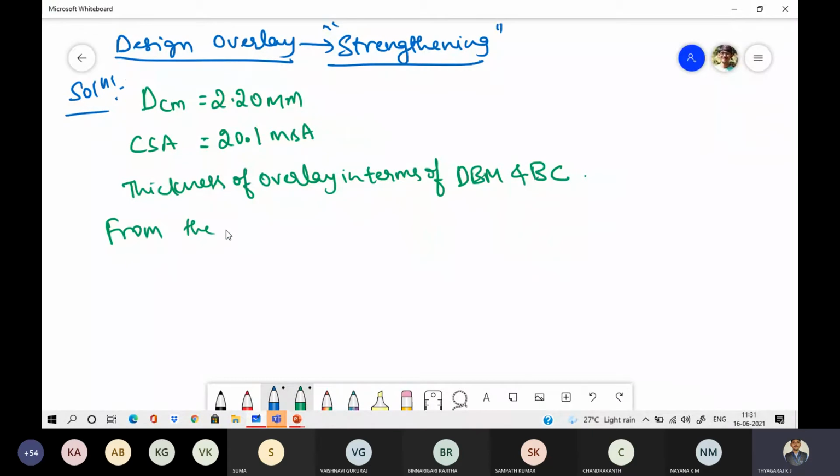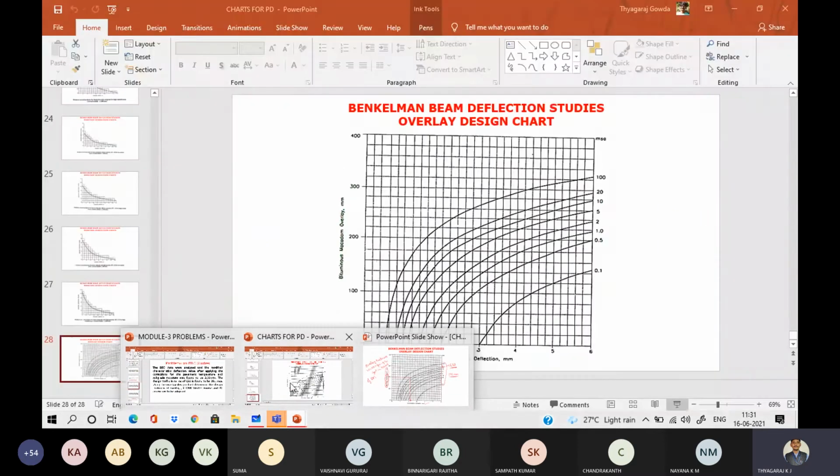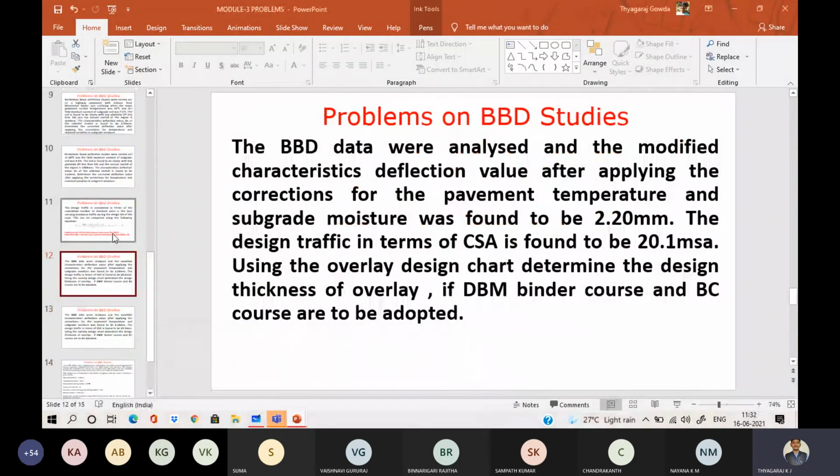From the graph, overlay thickness in terms of BM is equal to 195 mm. Okay, note down this one.